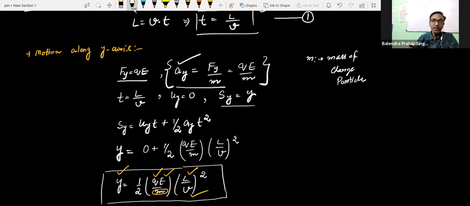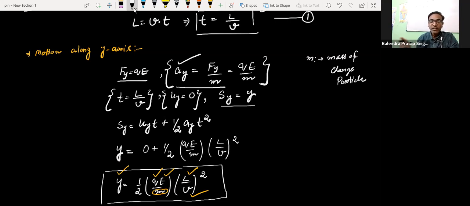We calculated the acceleration because we have to use the equation s = ut + (1/2)at². So here, ay = QE/m. Next, you already calculated small t, the time taken by the particle to cross the plate, that is L/V.